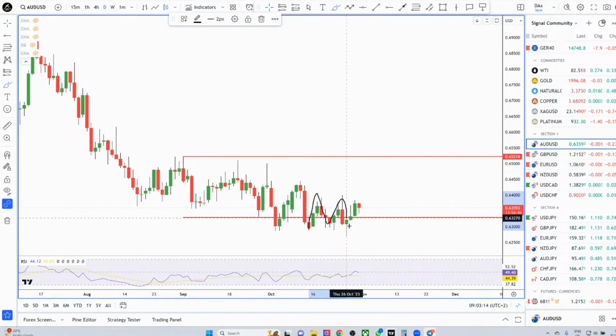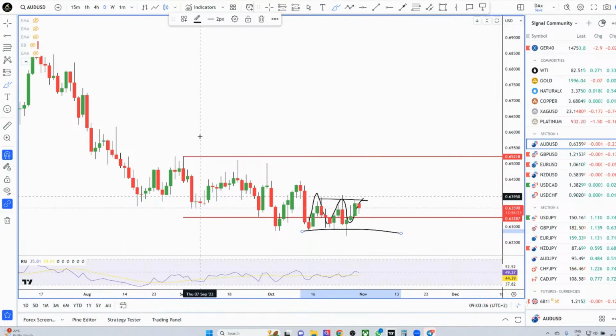Besides that, the Australian dollar is pretty much moving sideways in the short term, in the last few weeks. And of course, on Friday we're going to have the non-farm payroll, and the markets, really the majors, are anticipating all this. Tomorrow, we're going to have the Fed announcing interest rates.